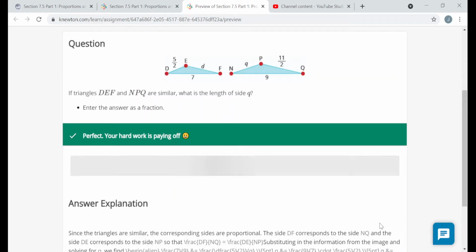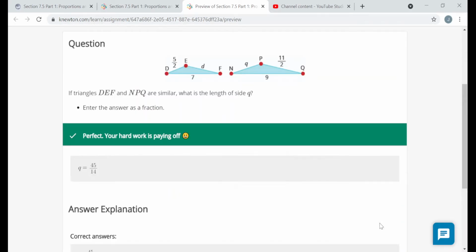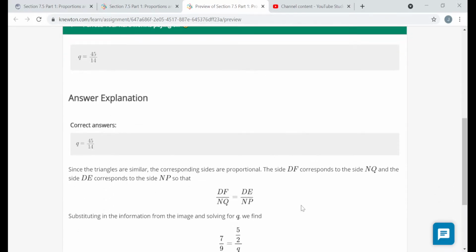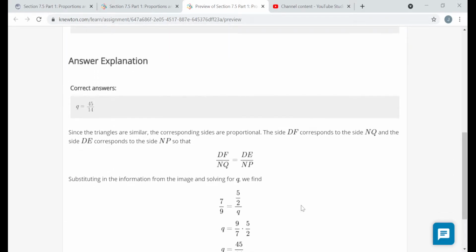Now, after every question, whether you get it correct or incorrect, there should be an answer explanation. Please read through it, whether you got it right or wrong. If you got it correct, read through it to make sure you got it right for the right reasons and that you didn't just get lucky.